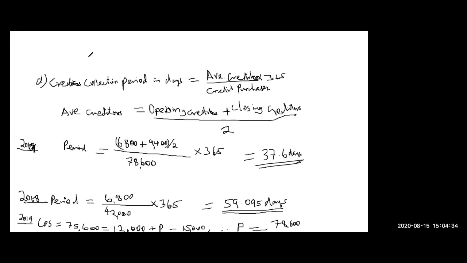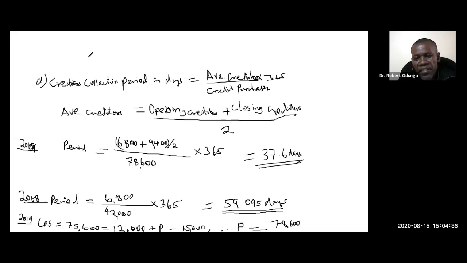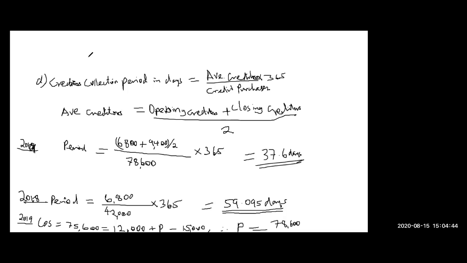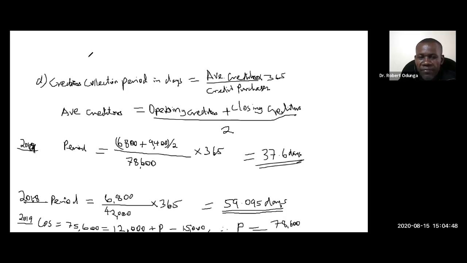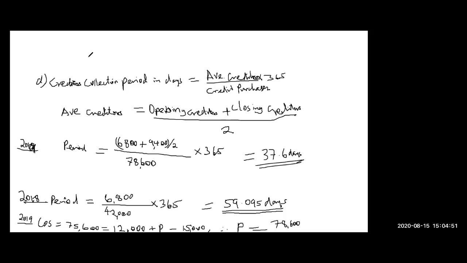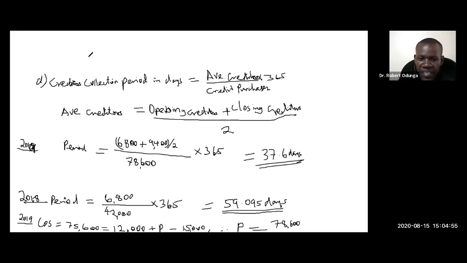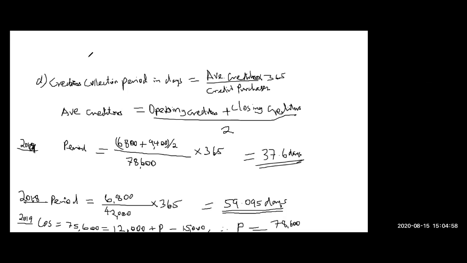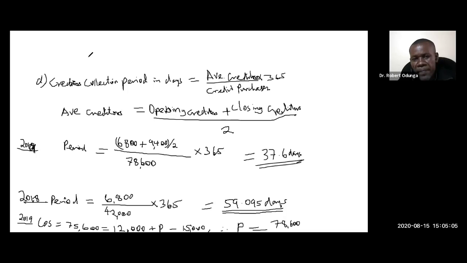The longer the period the creditors give you, the better for you, because you have a long breathing space. But when they give you a shorter period, it means you have to tighten your belt to pay them earlier than what they used to give you in terms of days. So I think it's not good for the company.